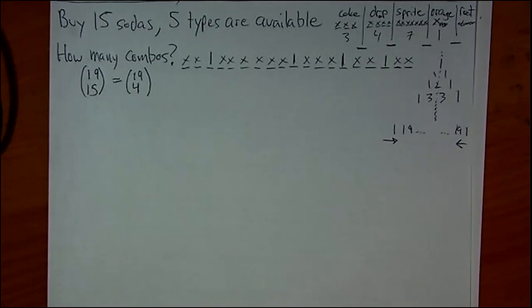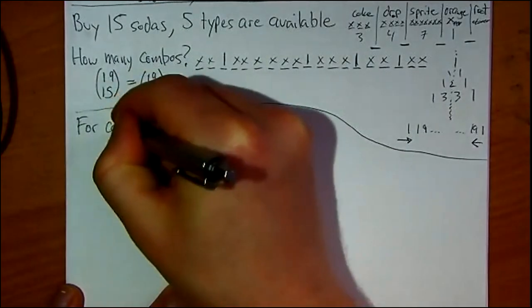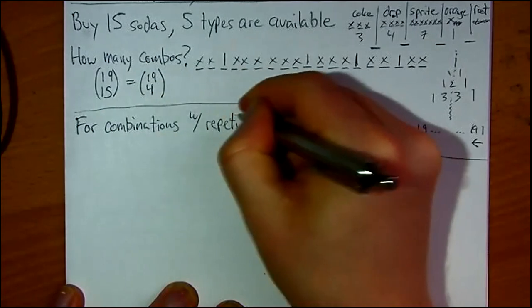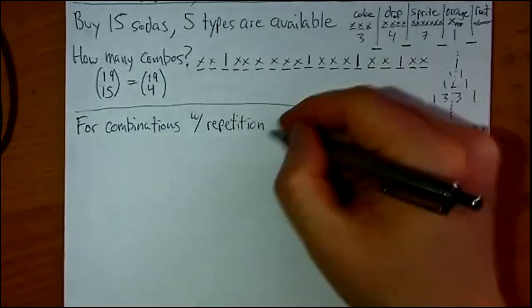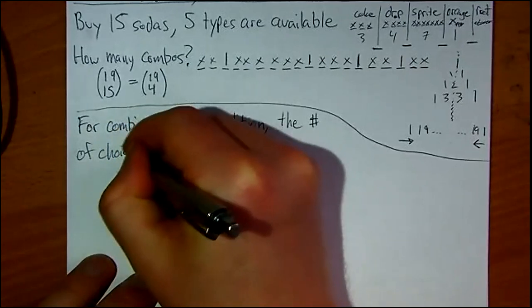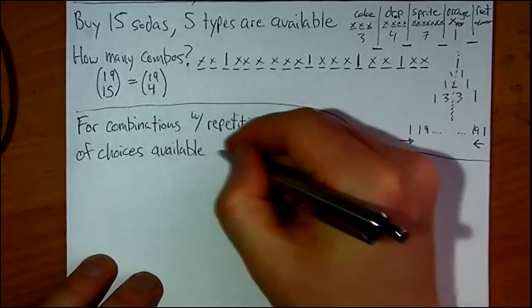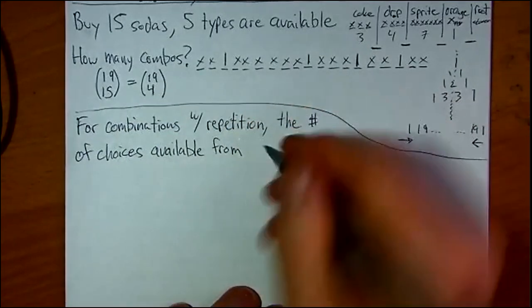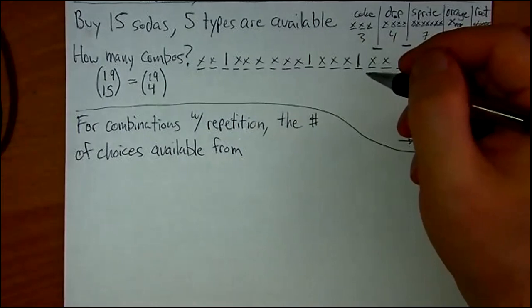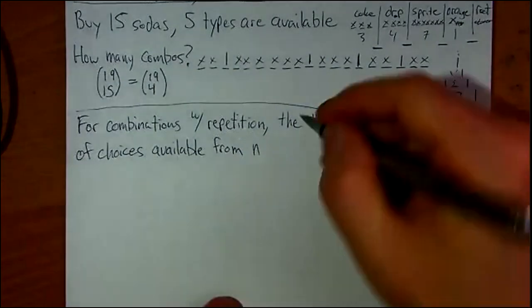Okay. So in general, for combinations with repetition, the number of choices available from n objects of R types.